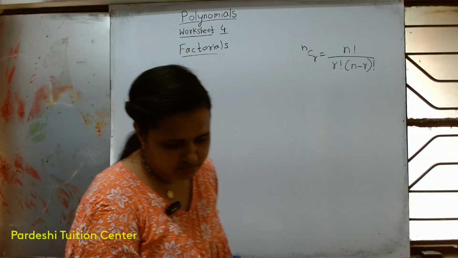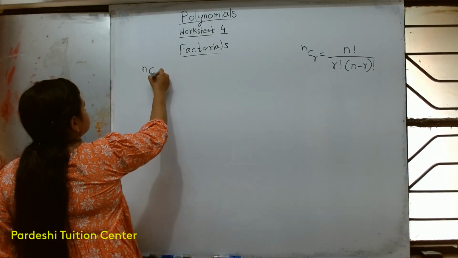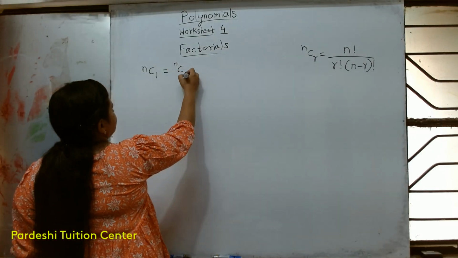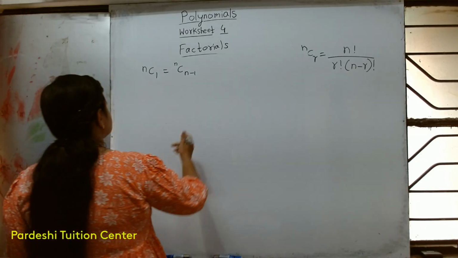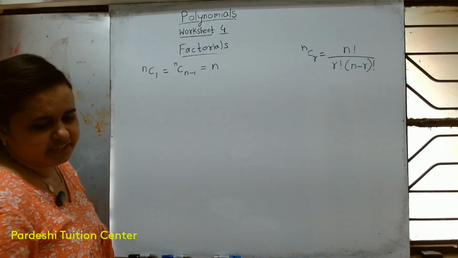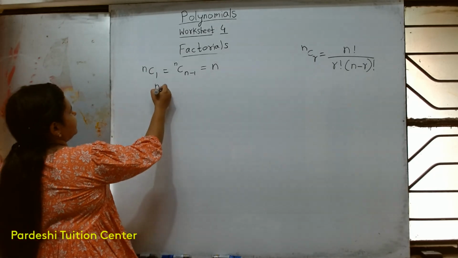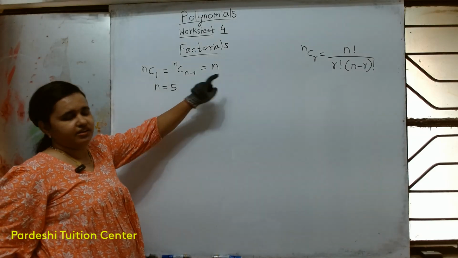Now the third one is nC1 equals nC(n minus 1) equals n. Again let us check it. nC1, if I take n as 5, let us check if nC1 is equal to n or not.